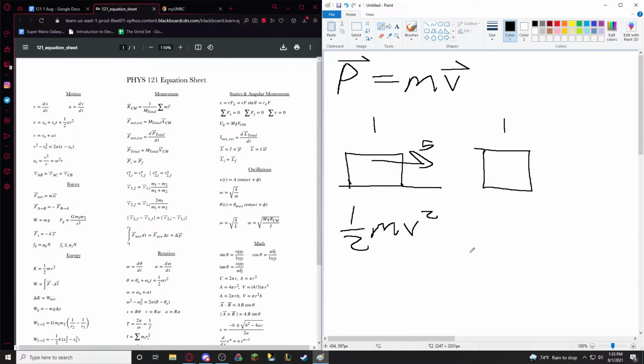What would the final kinetic energy be? It'd have to be the same. Is it? Go ahead and calculate it. I think it will be, but let me just calculate this.